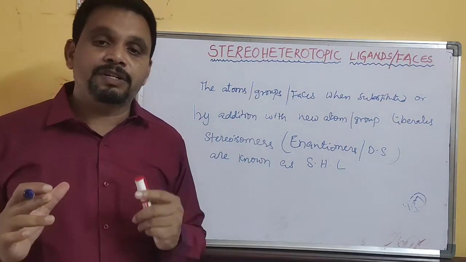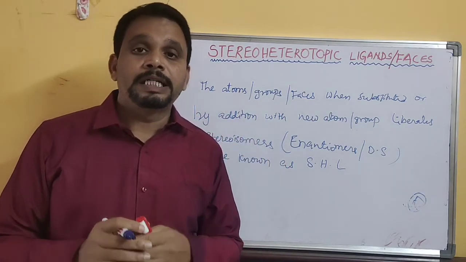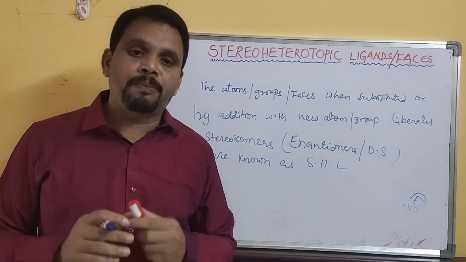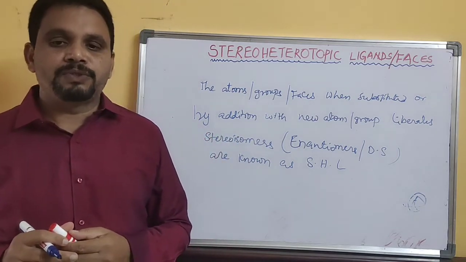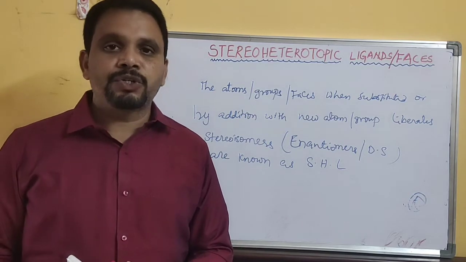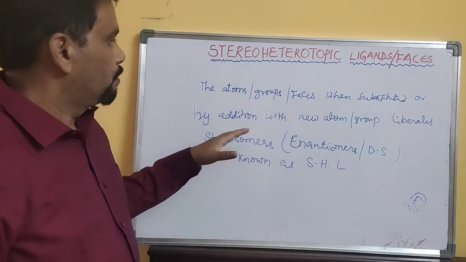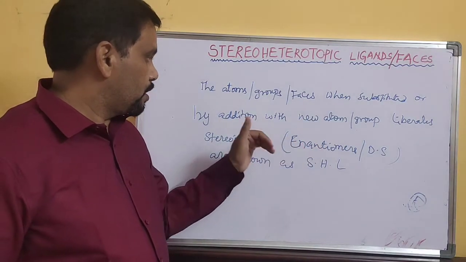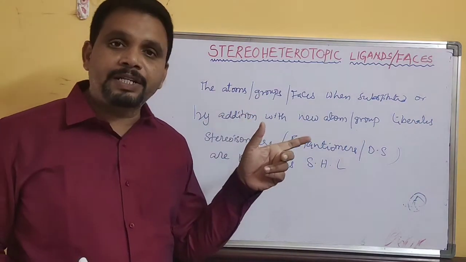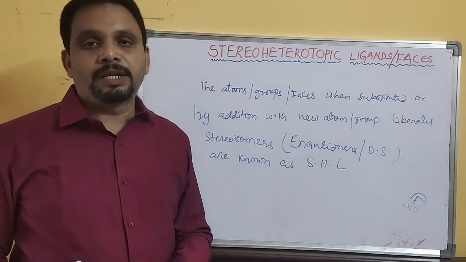Stereoheterotopic ligands and phases are either enantiotopic or diastereotopic depending upon the products formed, whether enantiomer or diastereomer respectively. So this depends upon the formation of products in that particular reaction.